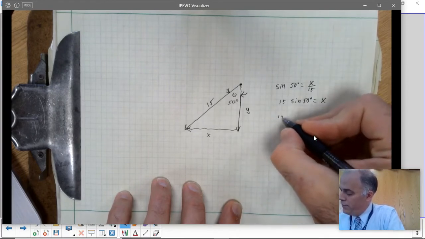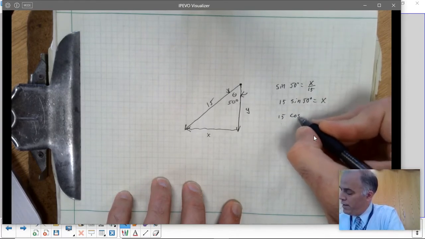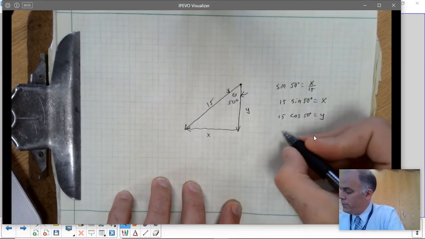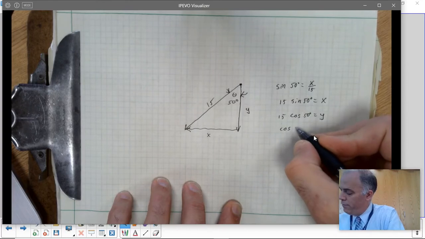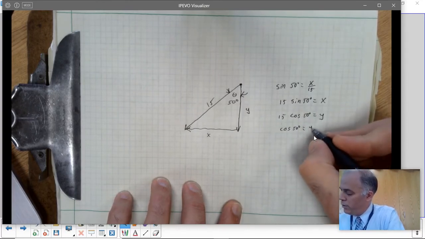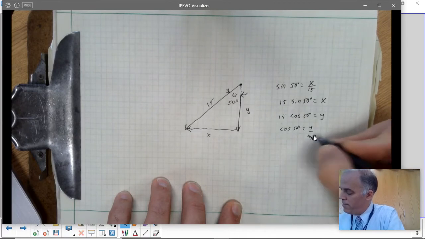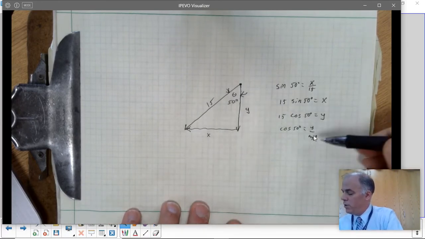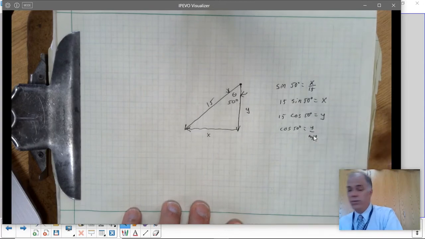And then 15 times the cosine of 50 degrees is going to be y, because the cosine of 50 degrees, cosine of theta, is equal to the adjacent over the hypotenuse, which is y over 15.